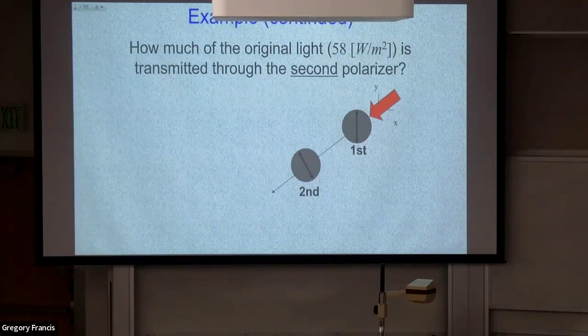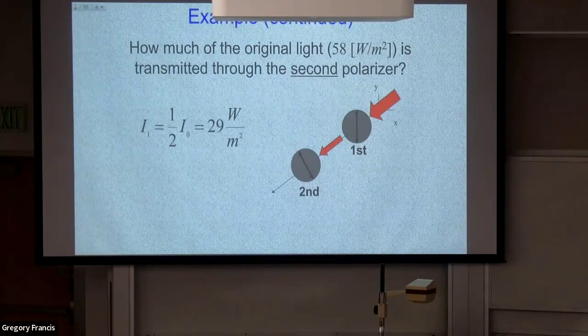Well, again, we have to use both of our rules. The light that goes through the first one is exactly half, because we were told that we were starting with unpolarized light. If we had an intensity of 58 watts per meter squared, we get half of that through.